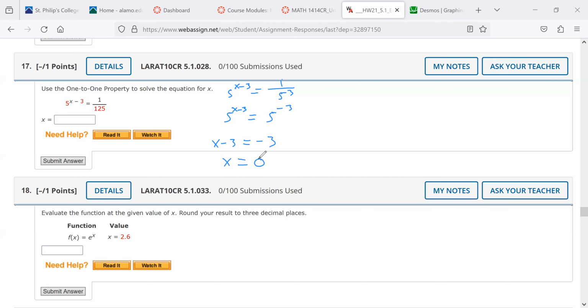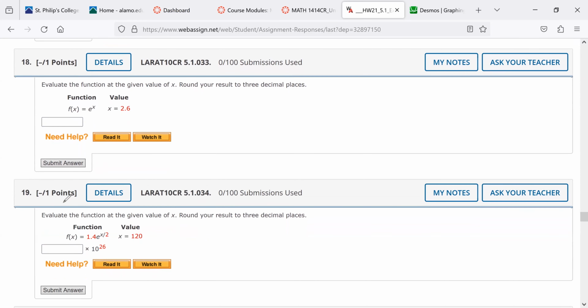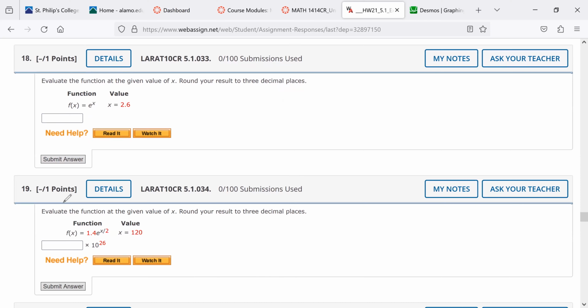All right. Number 18, they just want you to plug it in. Notice how they're using the E. That's nothing special. E is just a number like pi. Pi is like 3.14 something. E I think is 2.7 something, forever.